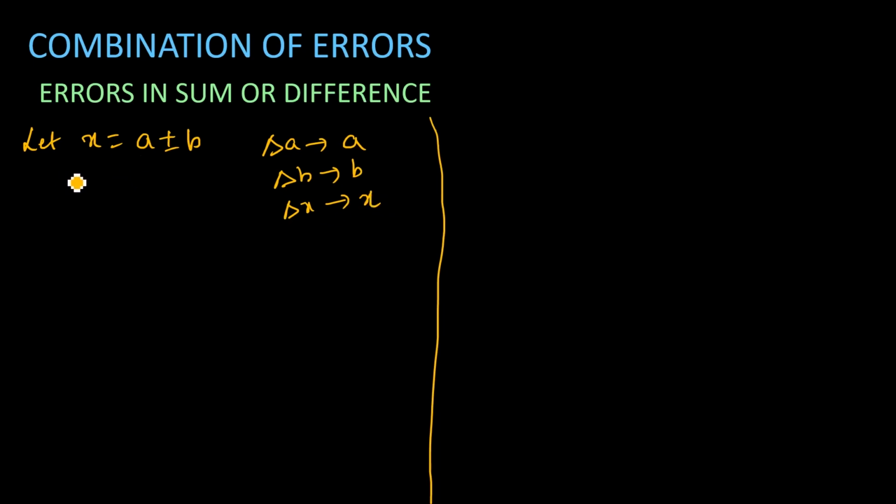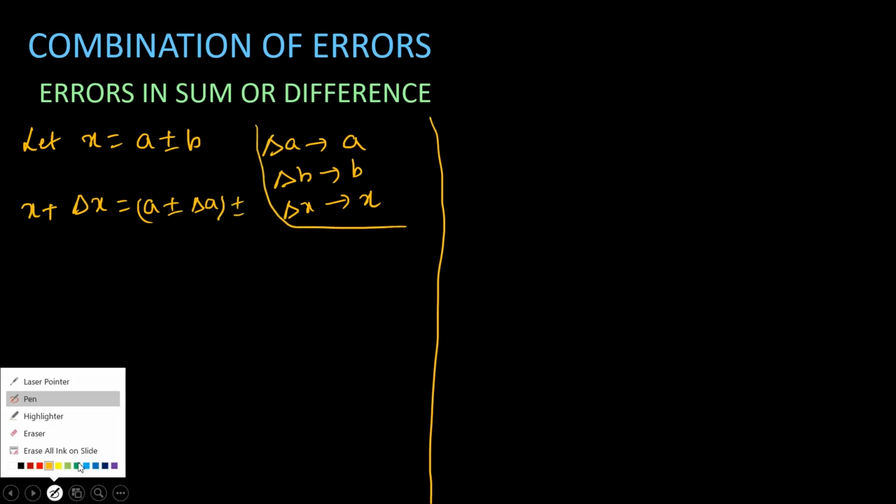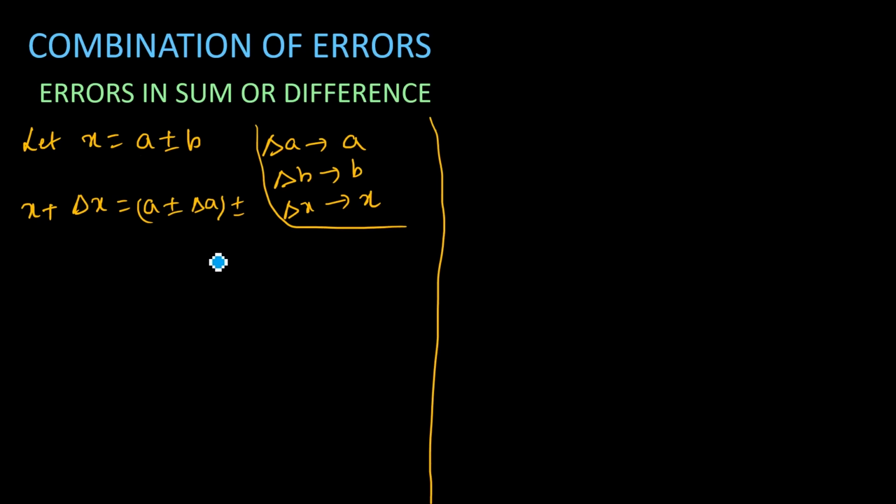So now we can write x plus delta x equal to a plus or minus delta a, plus or minus, b plus or minus delta b.